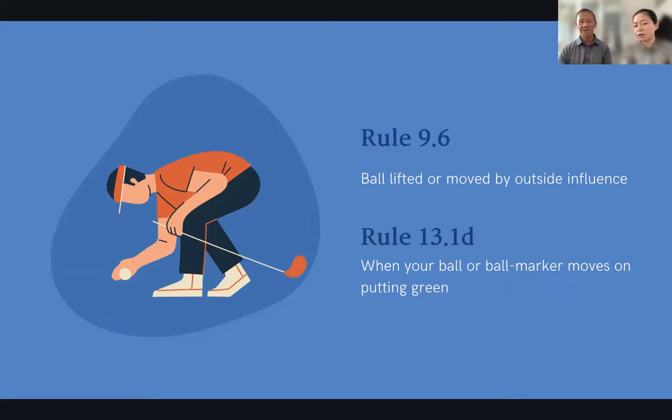And I've included the other rule, Rule 13, here about the ball moved on the putting green, because there is a difference when you mark the ball, pick it up, put it back to where it was, and then it moves by natural forces. There are two cases, right?